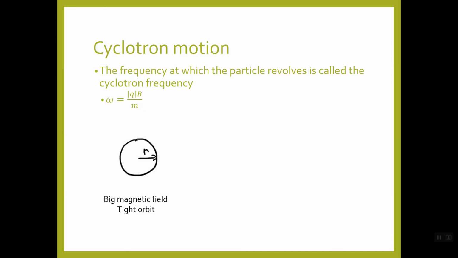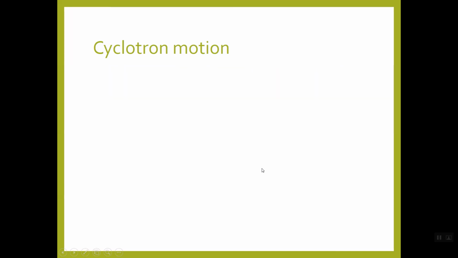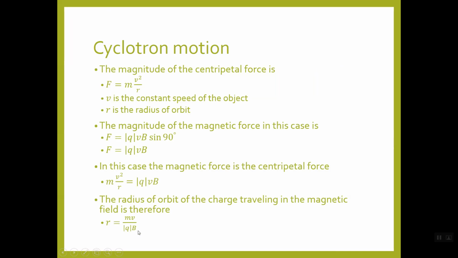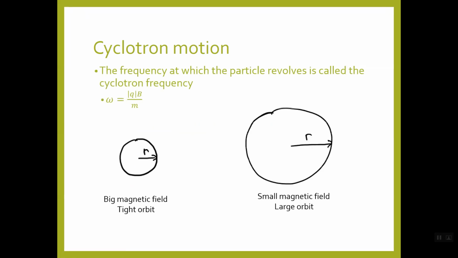So what we find is that if you have a big magnetic field, your radius of orbit will be smaller. Okay, so you get a tight orbit. And if you have a smaller magnetic field, your r will be larger. And that, of course, is because of this inversely proportional r to B relationship that we found.